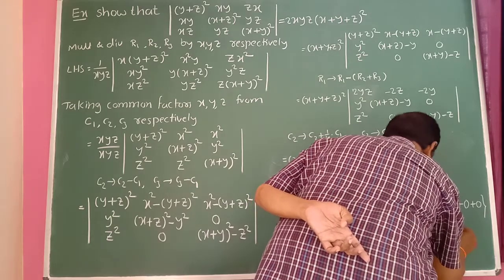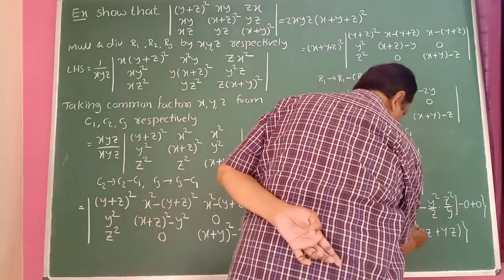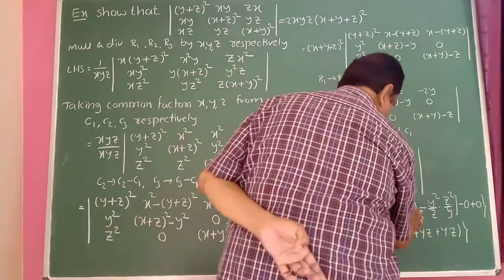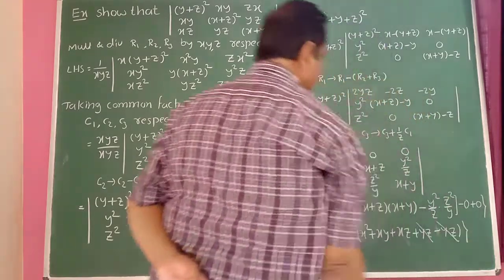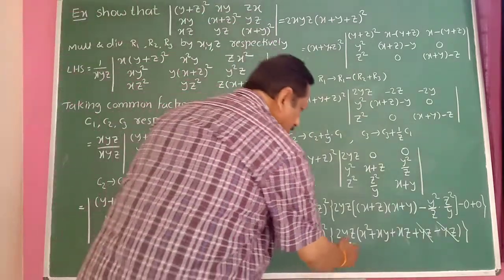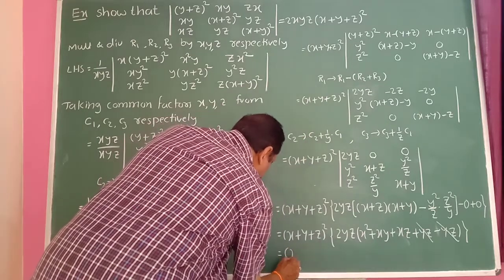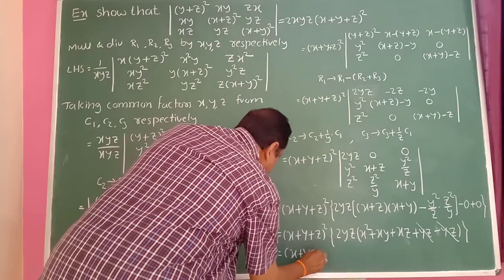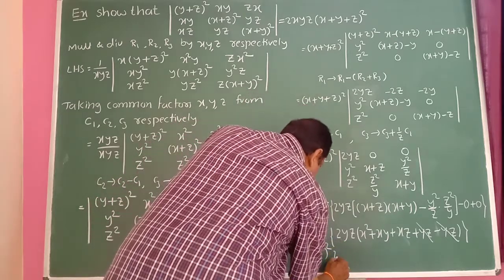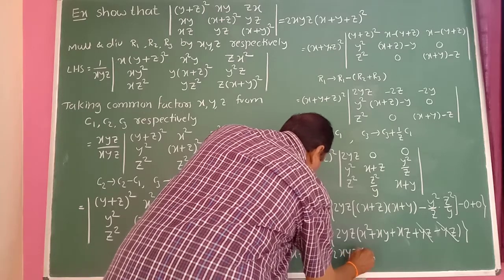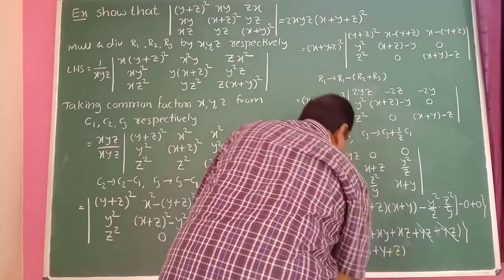Bracket complete. Then plus yz and minus yz cancels. And from these three terms, x is the common factor. Therefore, this equals (x plus y plus z) whole square, then this becomes 2xyz into x plus y plus z.